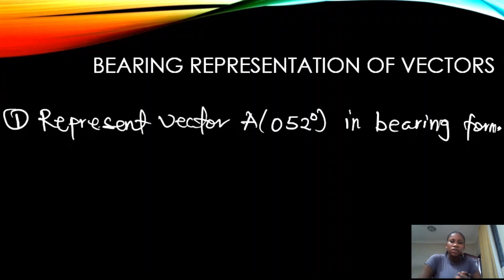So now we know that we are to represent it in bearing form, and how they've represented the direction or the angle of the vector is exactly in the bearing form.